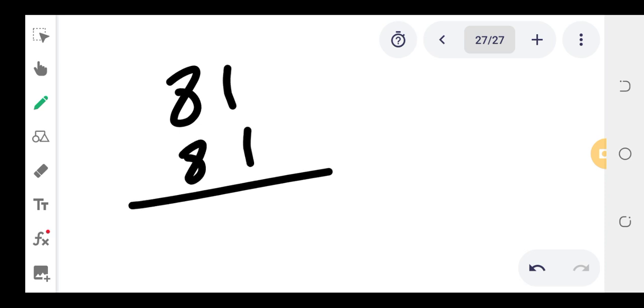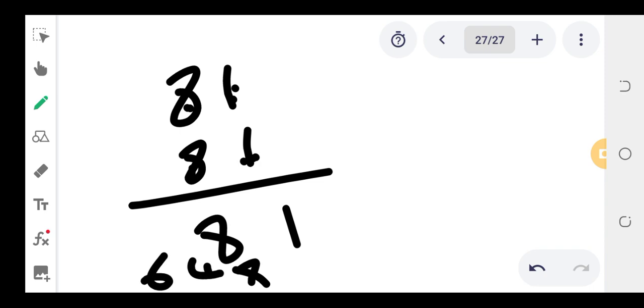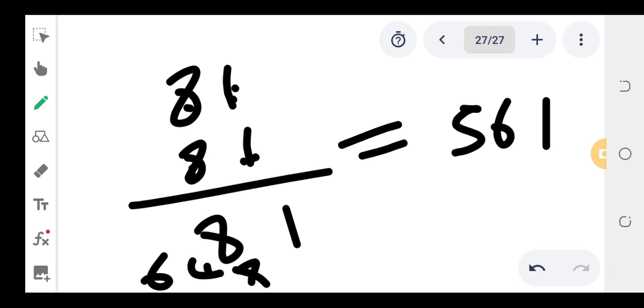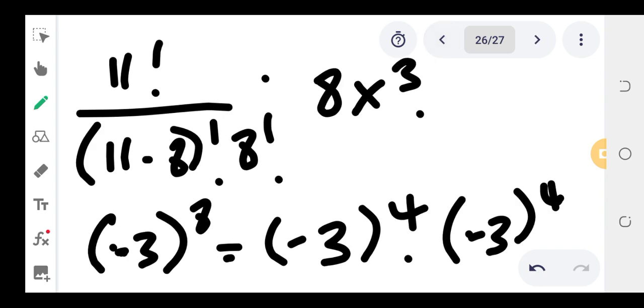So 81 times 81: 1 times 1 is 1, then there it is 8, there it is 8, there it is 64. So what I must get is 1, 8 plus 8 is 16, I carry 1, then I have a 5, then 6. So it is 6,561.